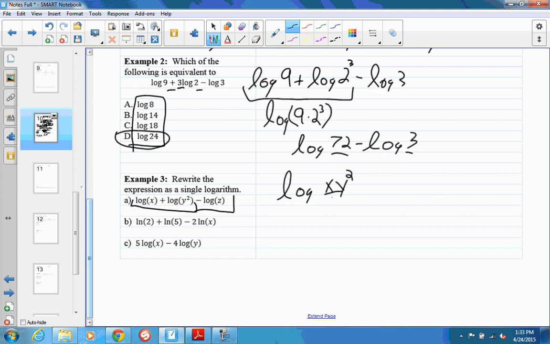Divided by z. And that's it. If you can simplify, do it. But I definitely can't simplify this at all. If I had an x on the bottom, they could cancel out, but I don't.